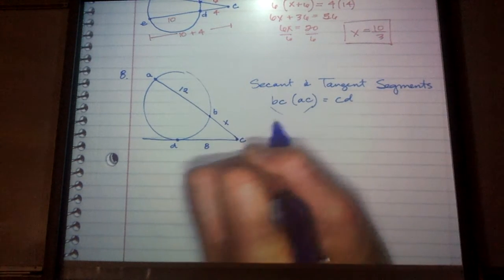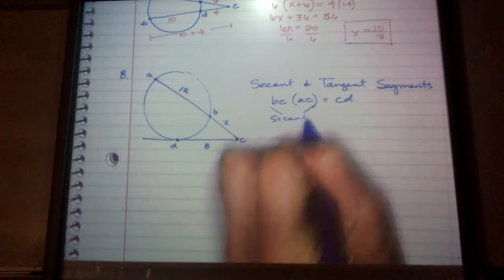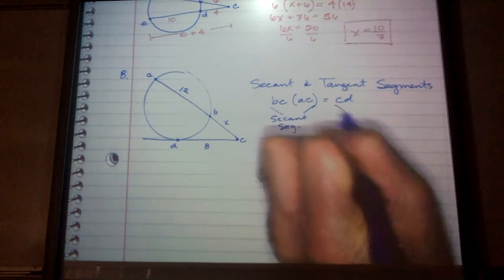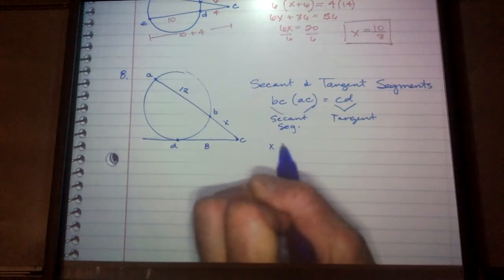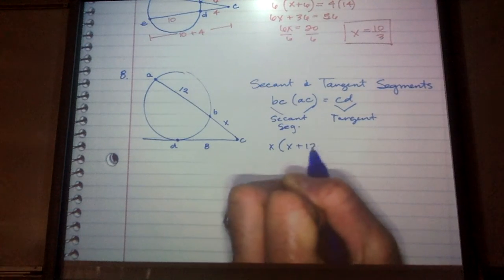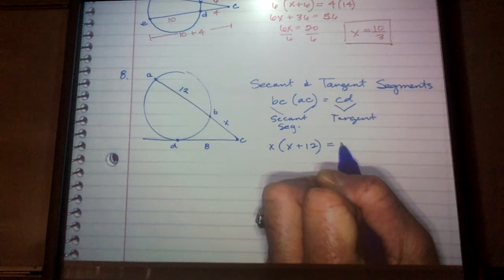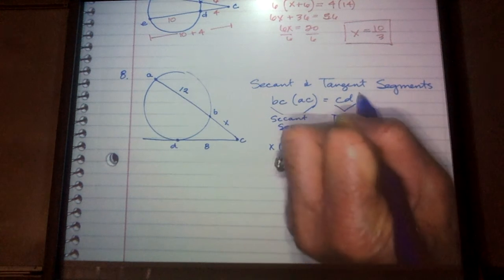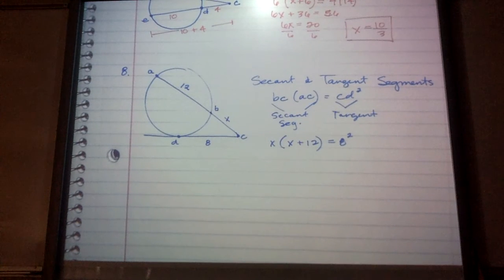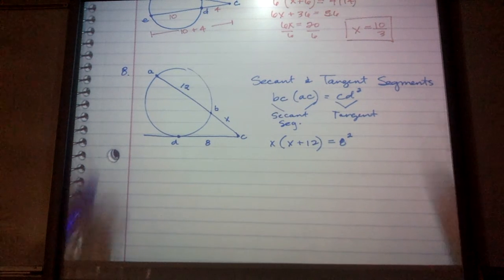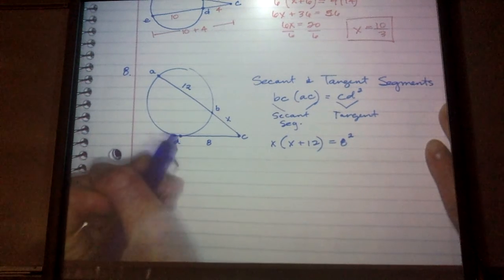Your secant segments should equal the tangent line. So x times x plus 12 will equal the tangent line squared. So the product of your secant segments equals your tangent line squared. And I guess we don't need this portion here.